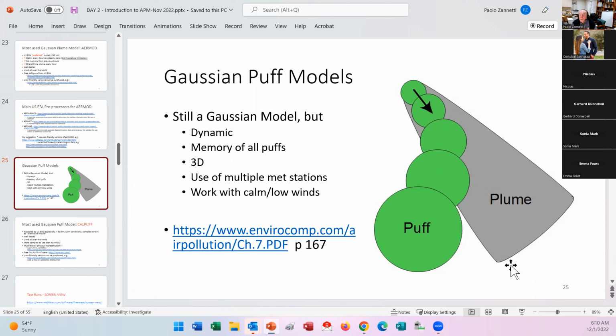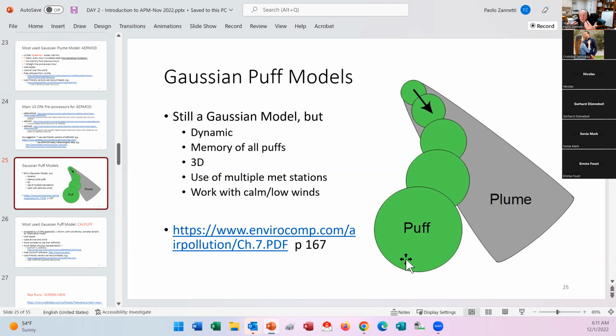So the next step was the development of Gaussian puff models, and in particular the CALPUFF software produced by the EPA. So this was a major improvement, more theoretical than practical, because today we still use AERMOD more frequently than CALPUFF, but it was a major development.